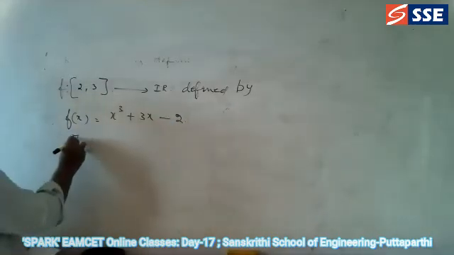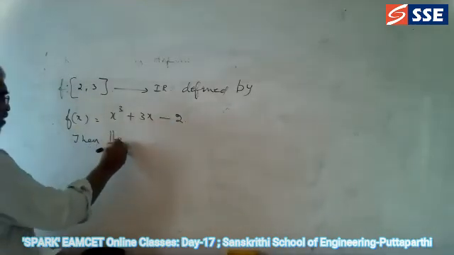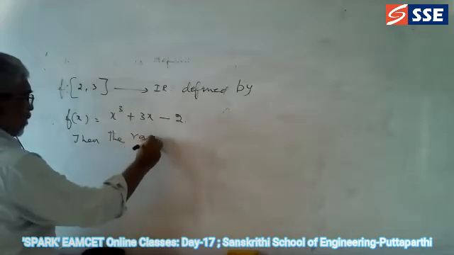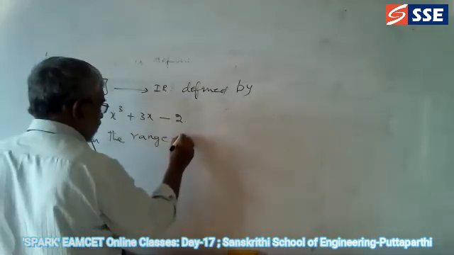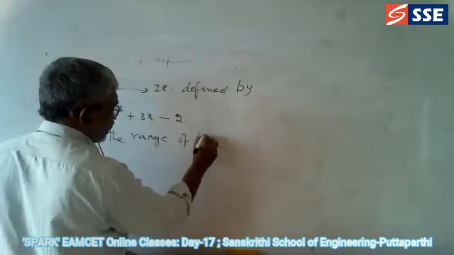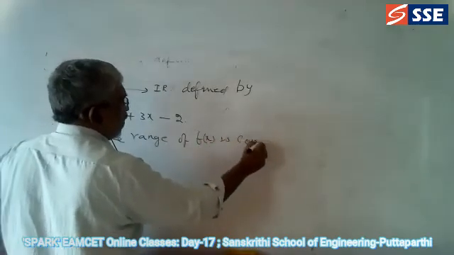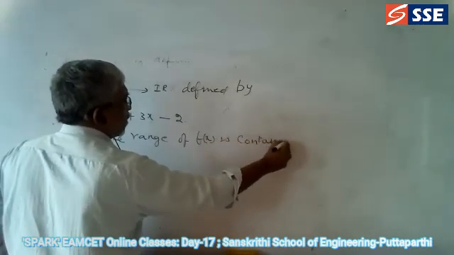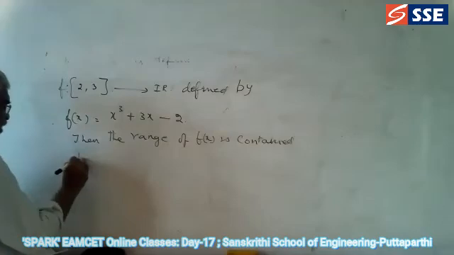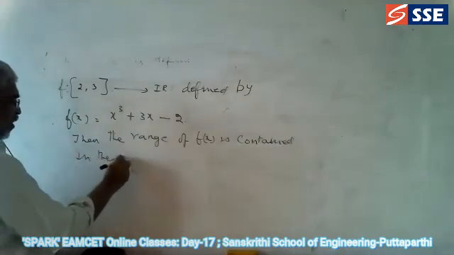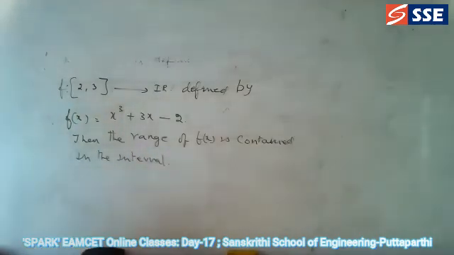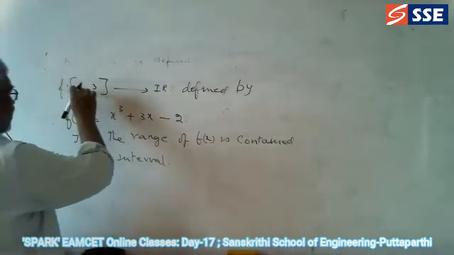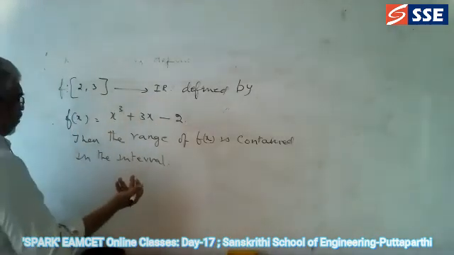Then the range of f of x is contained in the interval. What is the range? Where is the range contained? Just put this end and this end, then we'll see how it comes.